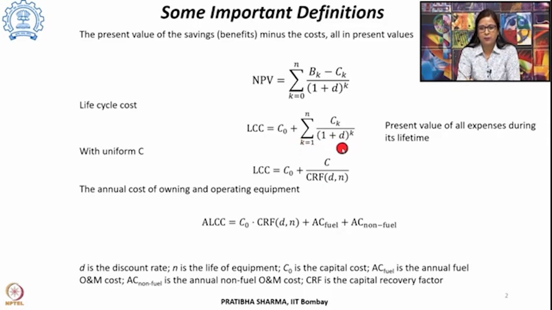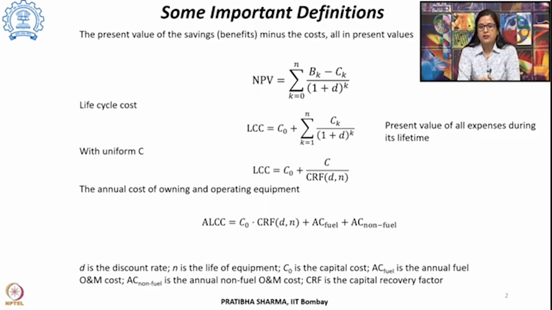So, this is the present value of all the expenses during its lifetime, to which we have added the initial investment. Now, if these expenses remain constant over the years, for this uniform C, we can write the life cycle cost as the initial investment plus expenses over the capital recovery factor, which depends upon both the discount rate and the years.